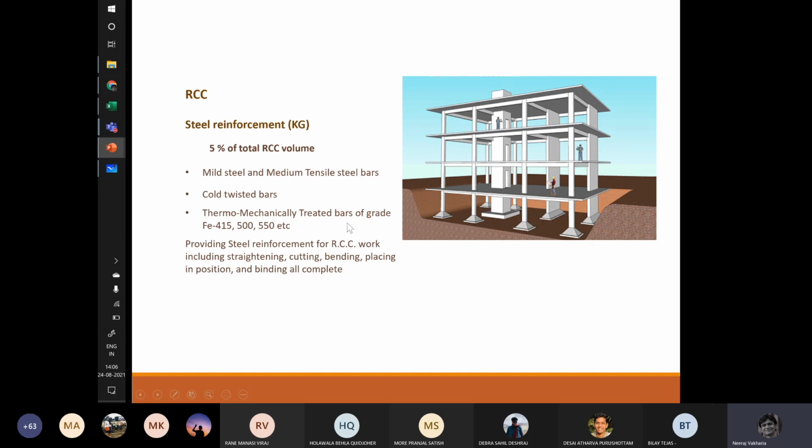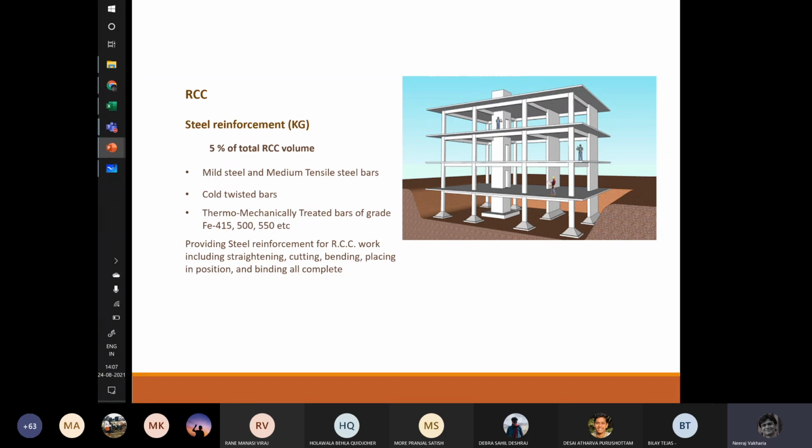Even the torsion on the bar, or the threads which are there, the uneven surface for friction which they have created, the threading is also specifically designed, and the bars are treated thermomechanically to get the required strength of it. So I hope you all remember, while calculating all numericals for steel, we generally use the term FE415, FE500, and consider its strength or its data from steel table to solve the sums.